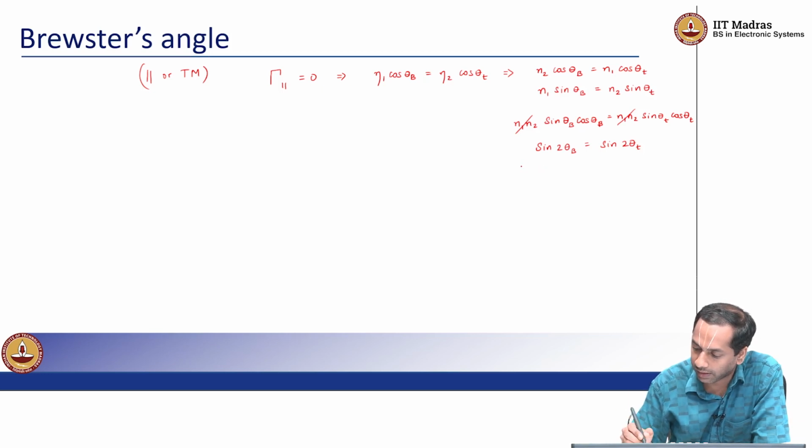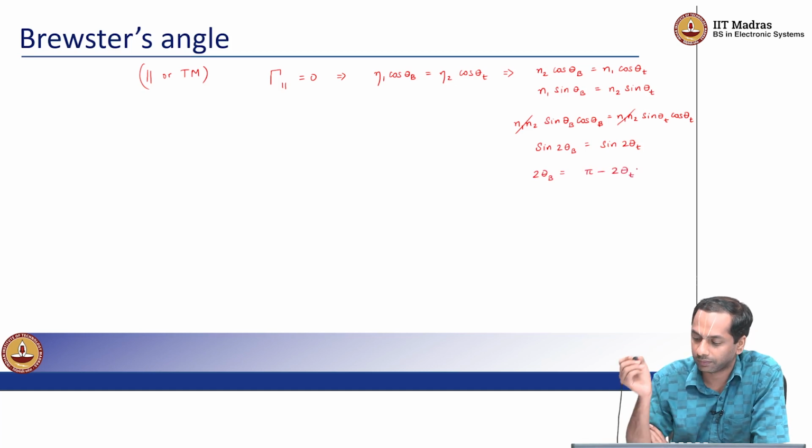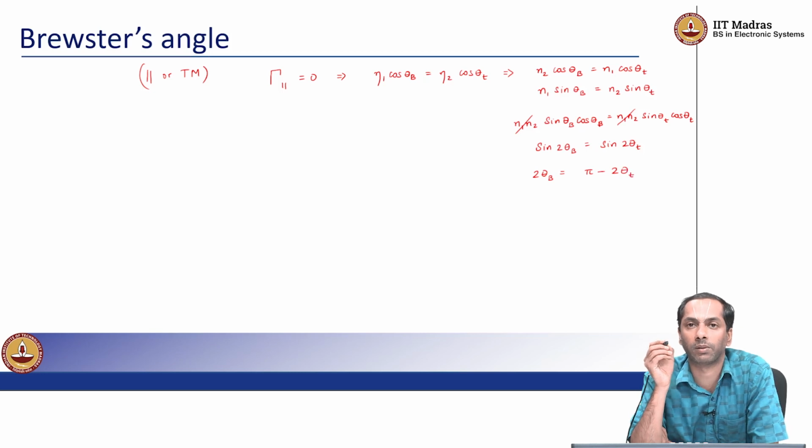But there is a second way in which this relation can be satisfied, which is if 2 theta b were 2 pi minus 2 theta t. Remember, the sinusoid is positive in the second quadrant.